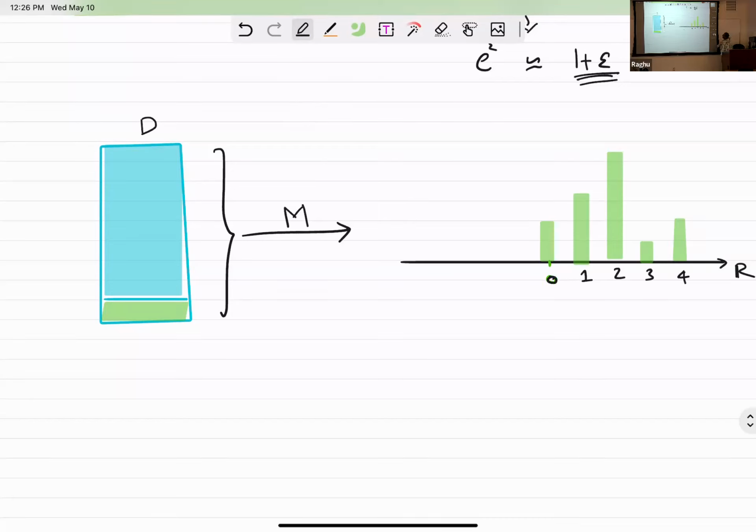I'm just drawing the histogram of the potential answers under M. The chance that M of D equals 0 is given by this, M of D equals 1 is this, M of D equals 2 is this, and so on.